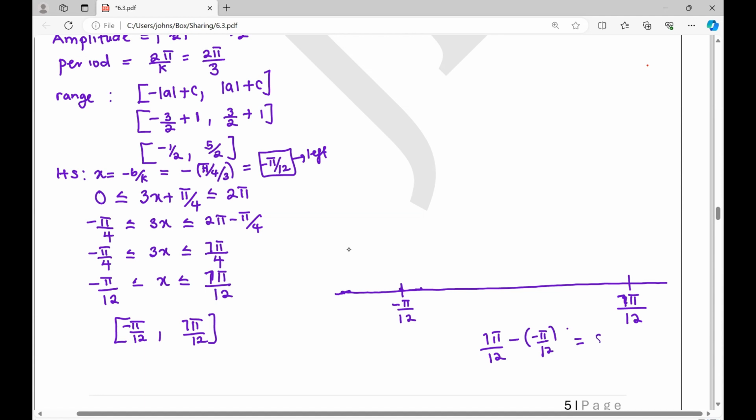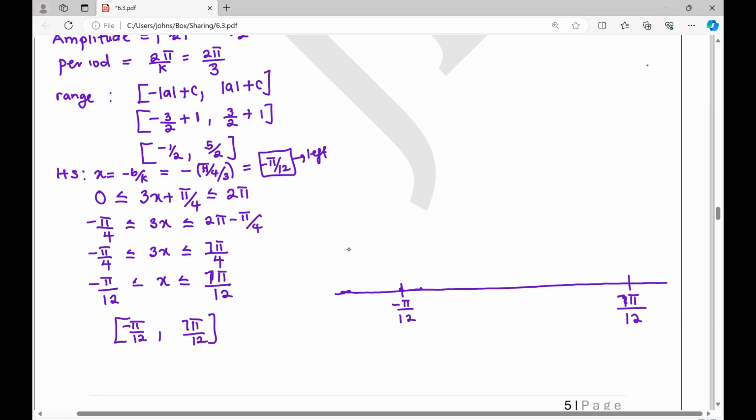This is just going to be 8 pi over 12. And what is 8 pi over 12? If you divide the numerator and denominator by 4, you have 2 pi over 3, which is nothing but the period. So even when you use this interval, you're still going to get the same period. So the distance between your starting point and your end point must be the same as your period, which is 2 pi over 3 in this case.